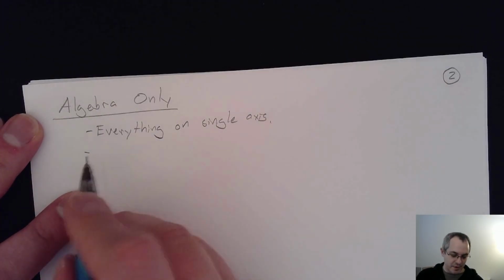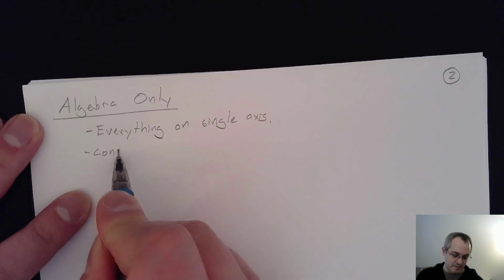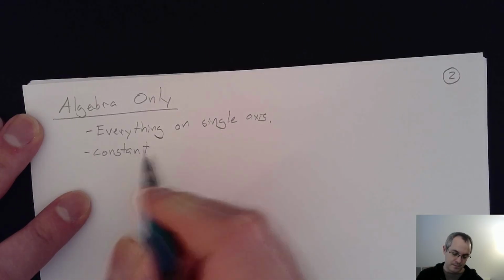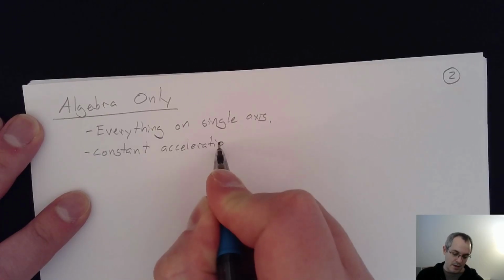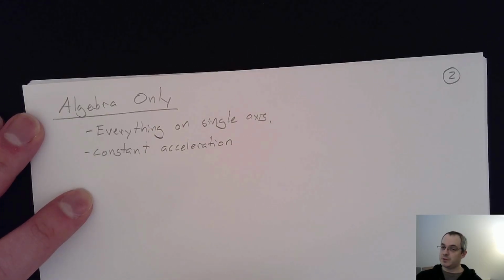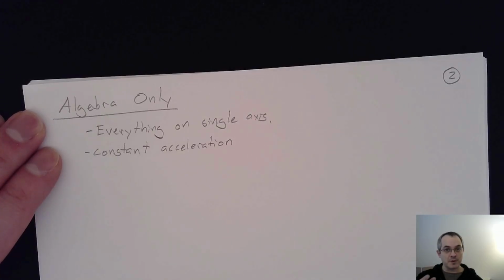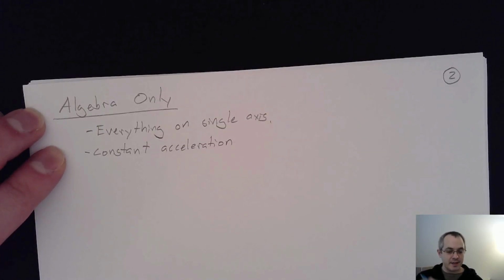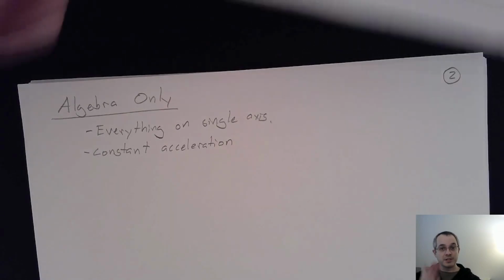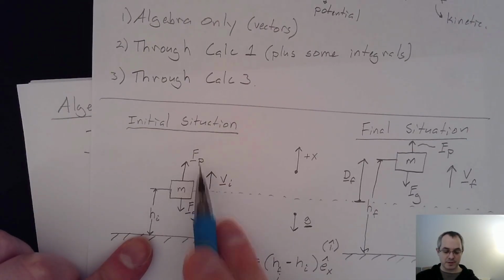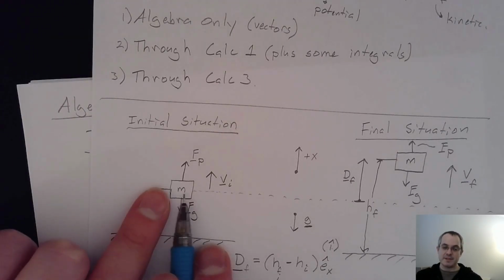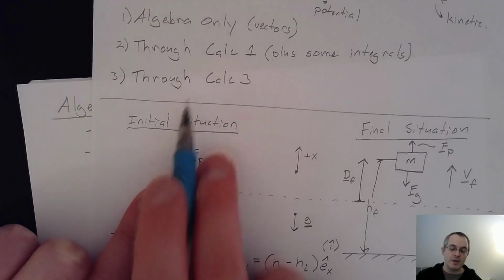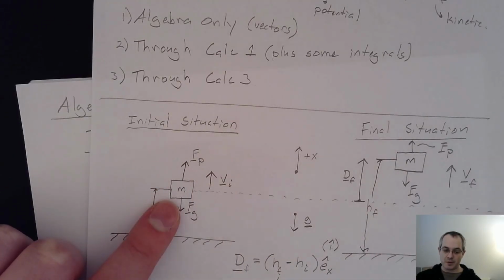We're definitely going to want constant acceleration, which means we're going to need constant net force on our box. In this case, we're going to assume, looking at the initial picture, that our pushing force is greater than our gravitational force, which means the net force is pointing up, so the box is going to be moving up, like how we've drawn here.